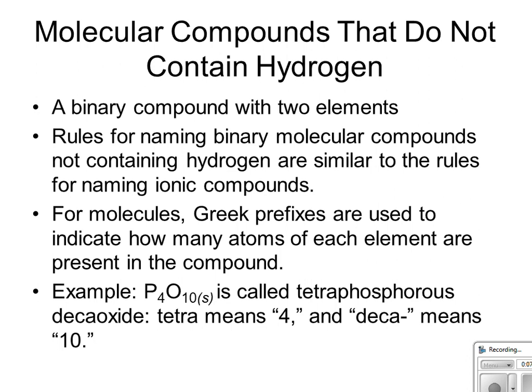So if we look at the example of P4O10, this is called tetraphosphorus decaoxide. And I'll show you a table here in the next slide where the 4 means tetra and the deca means 10. And we know that P is phosphorus and O is oxygen, but because it is the second element, we change the ending to "ide", so therefore it becomes tetraphosphorus decaoxide.